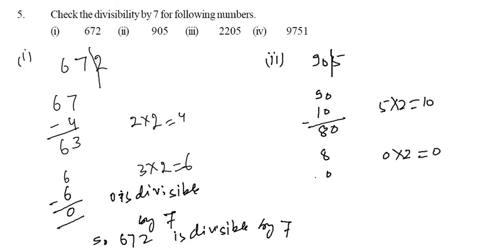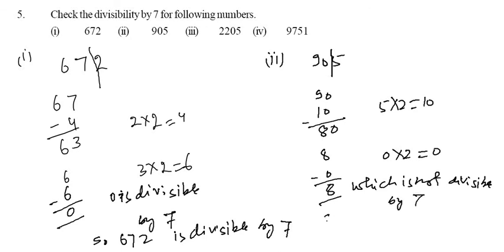So 8 minus 0 is 8, which is not divisible by 7. So 905 is not divisible by 7. So that will be your answer.